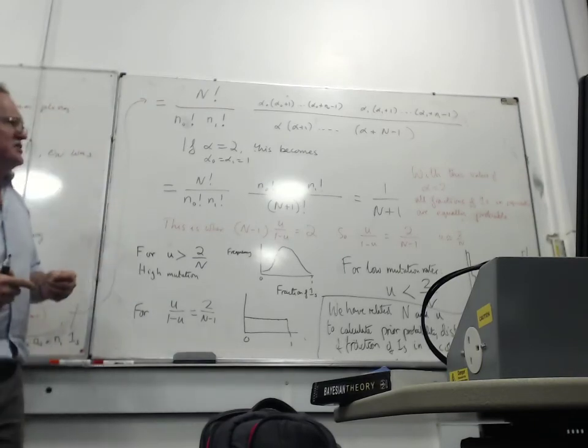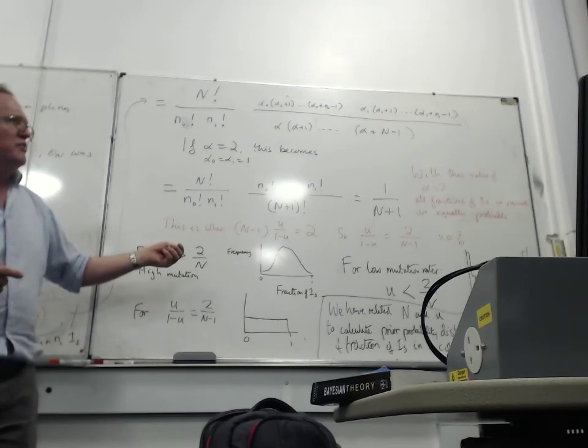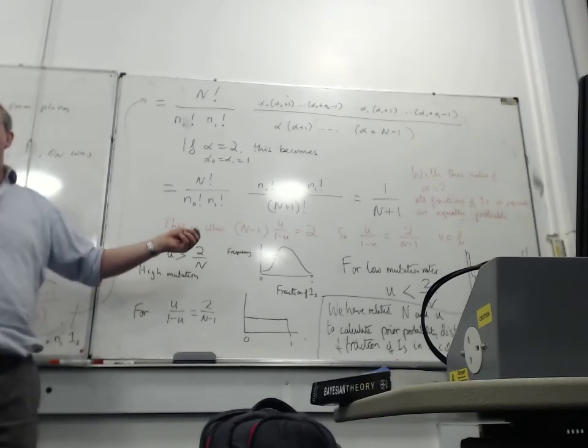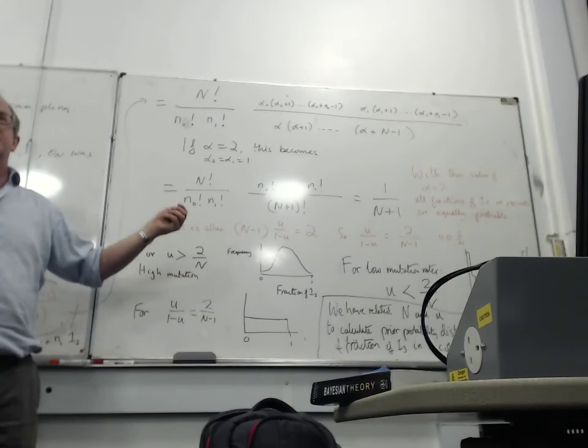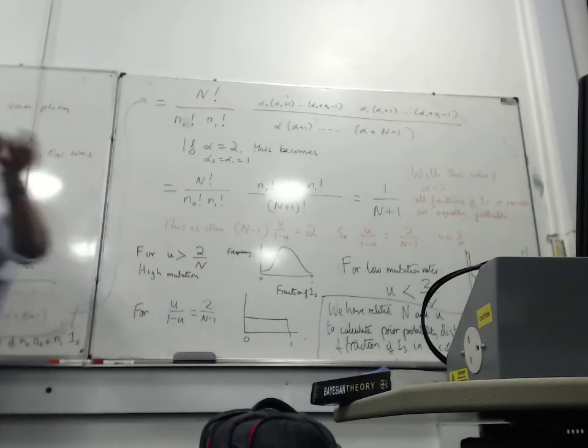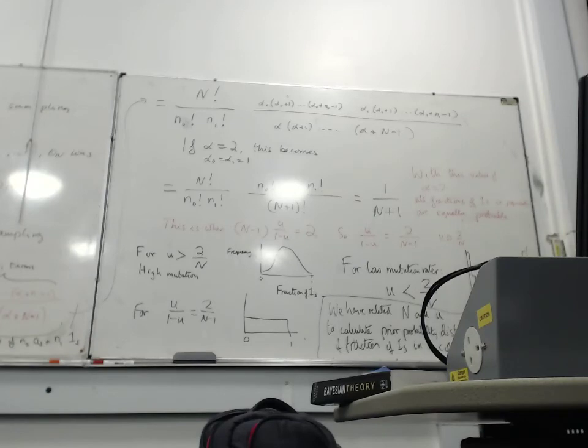It was done in slightly more generality way back in the 50s, and in greatest generality by Ewens in 72. The evolutionary computation people haven't even read this. You read their books, they don't know.